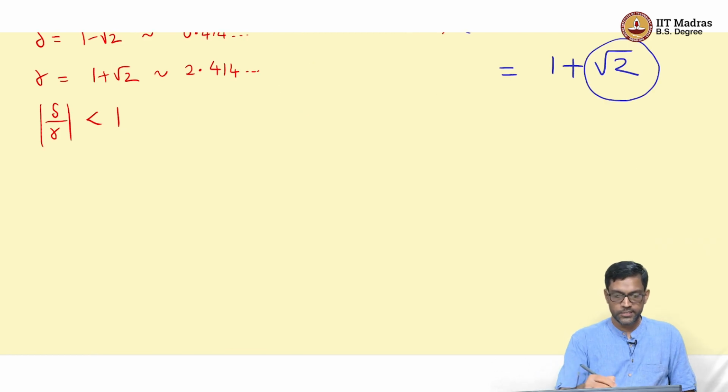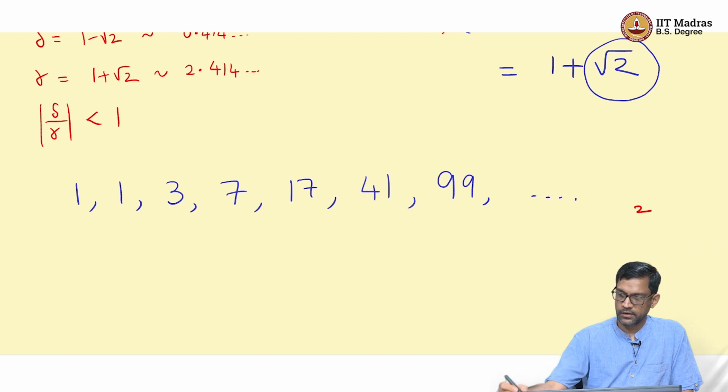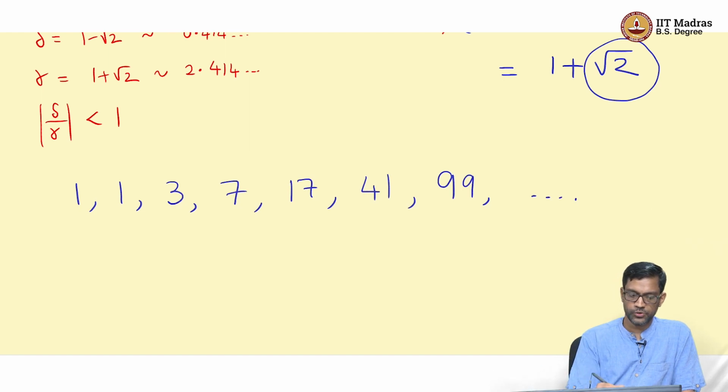So what this tells us is, if you look at the original sequence, here it is, and you take successive quotients, I take the second term divided by the first term, which is 1 by 1, 3 by 1, 7 by 3, 17 by 7, and so on.